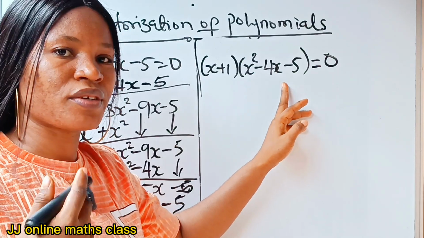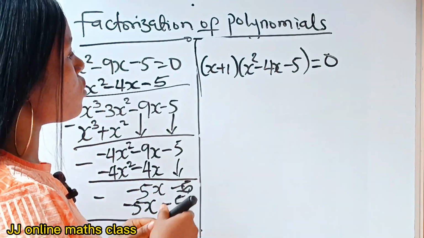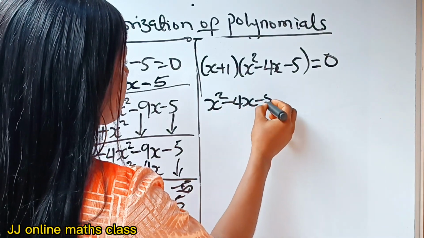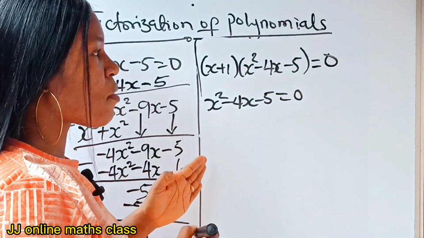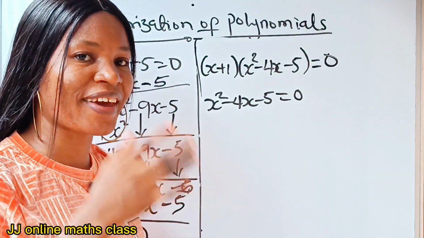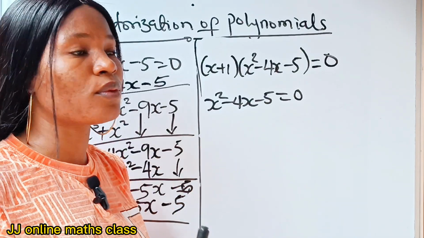Using normal factorization, if possible, by looking at it. So let's factorize this. x squared minus 4x minus 5 is equal to 0. Remember that we have the last one that is the main deal. Okay, so make sure you watch to the end to see how we solved that particular one.